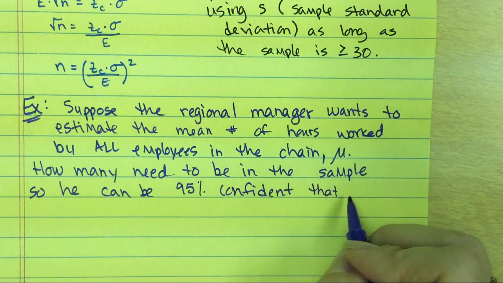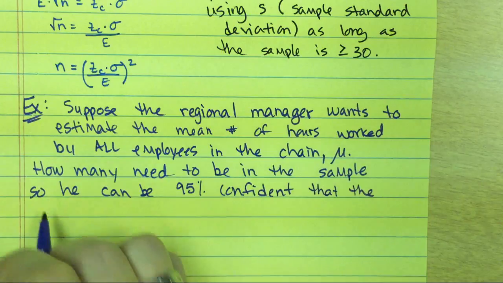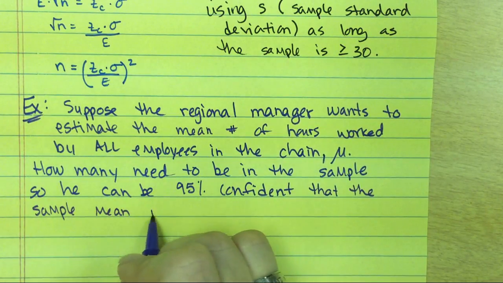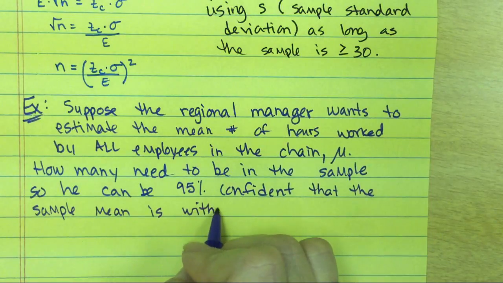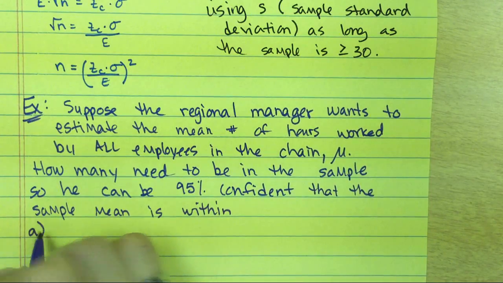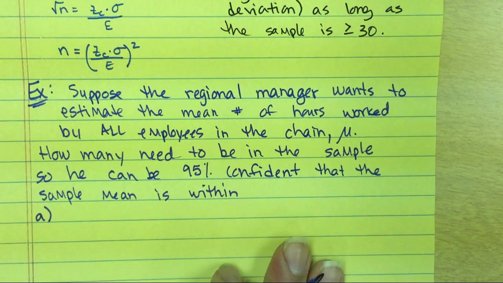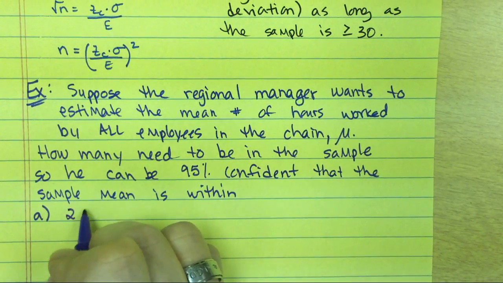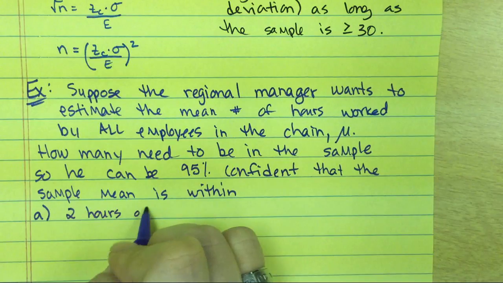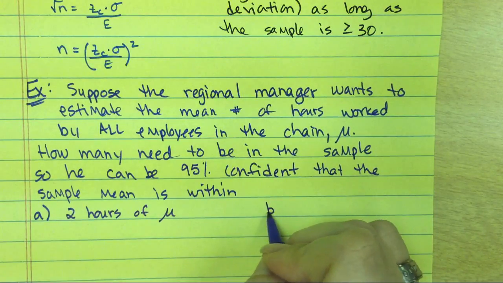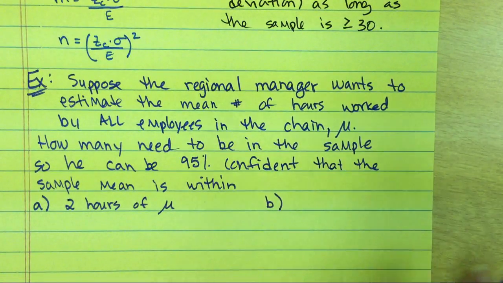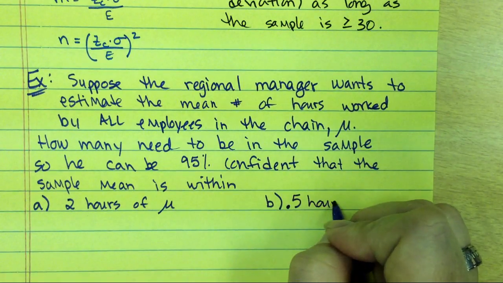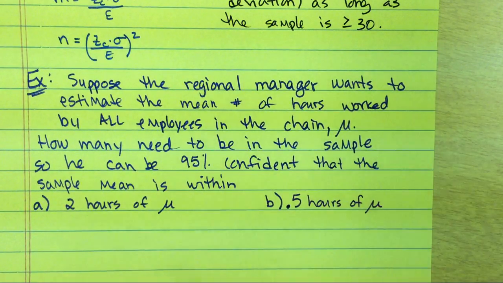And we want the sample mean to be within, we're going to do two problems. So A, if he wants to be 95% confident that the sample mean is within 2 hours of the actual mean, and then we're going to do, if we want the sample mean to be within half an hour or 0.5 hours of mu.